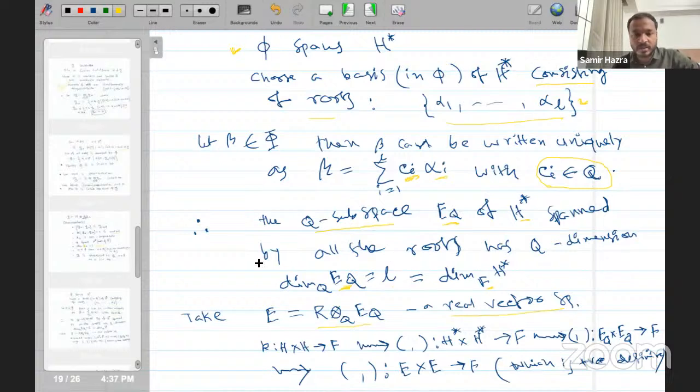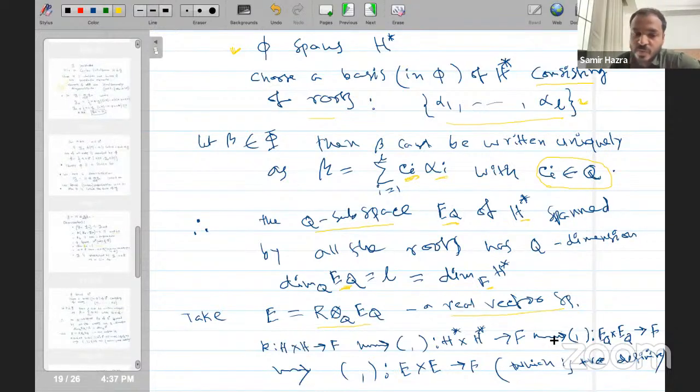And we have the Killing form here, which was non-degenerate on the Lie algebra G. That Killing form, when restricted to H, we have mentioned remains non-degenerate, and then this non-degenerate form on H can be transferred to H star, which again can be transferred to E_Q because we have the basis of H star in E_Q.